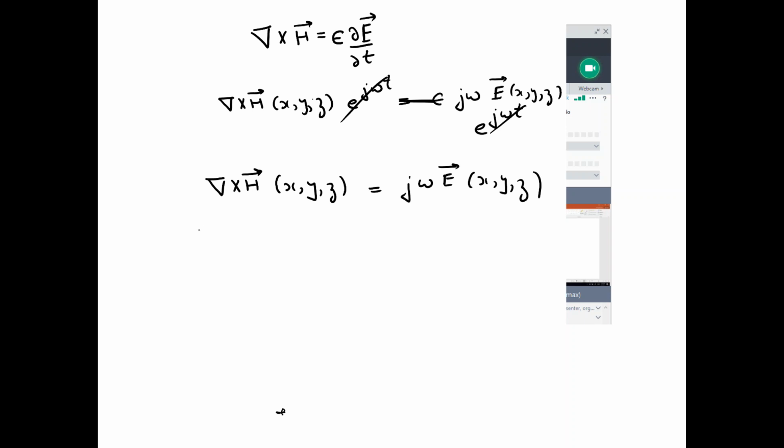Similarly, we have the other equation, which is now del cross E, which is varying in space, is related to H as j omega mu H(x,y,z).